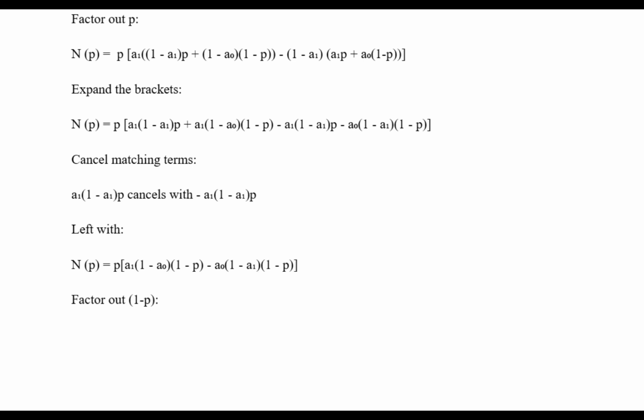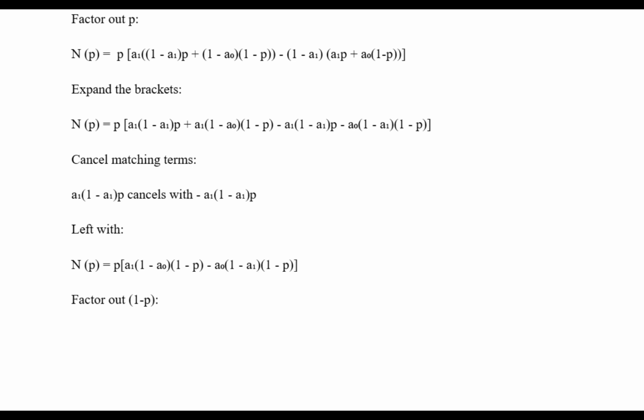Next, we're going to expand the brackets. So inside the bracket, we're going to distribute the a1 to the (1 minus a1p) and to the (1 minus a0) times (1 minus p). So we have a1 times (1 minus a1p) plus a1 times (1 minus a0) times (1 minus p).